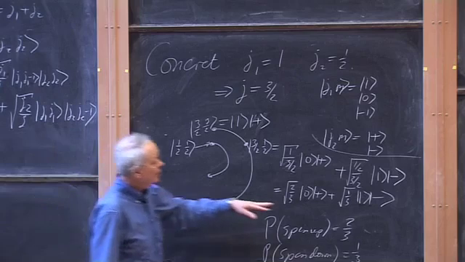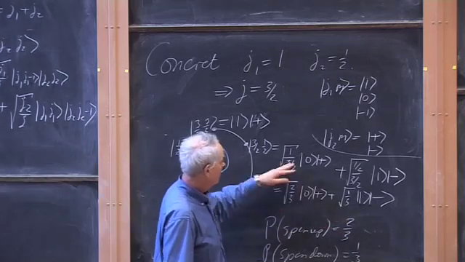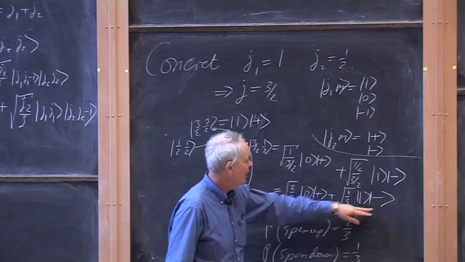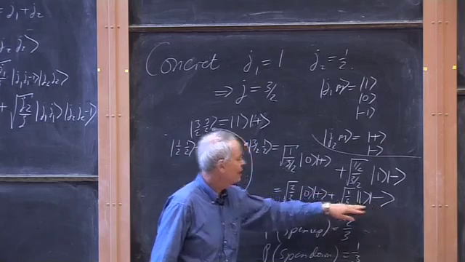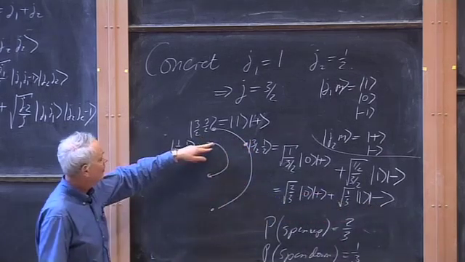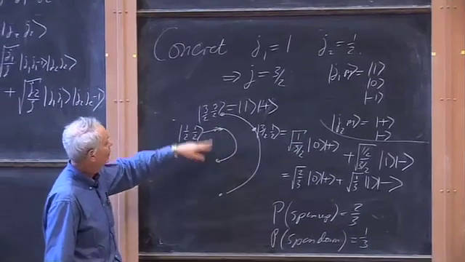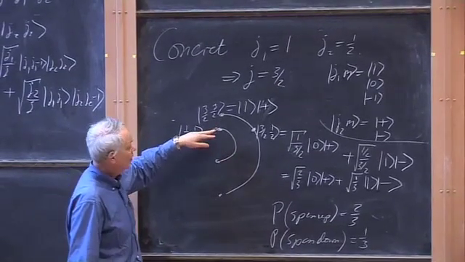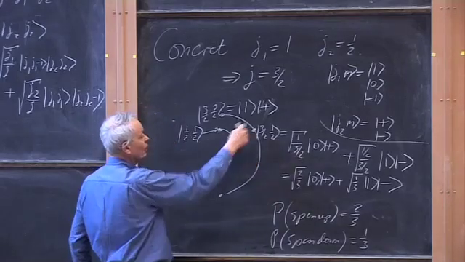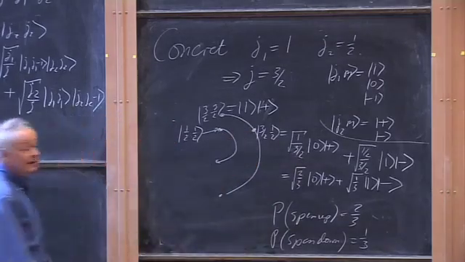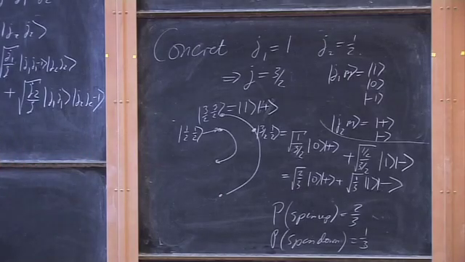It's going to be a linear combination of these two things, and it's going to be the linear combination which is orthogonal to these two things because it's an eigenket of the total angular momentum squared operator for the box, which has eigenvalue different from this. So it must be orthogonal to this by the orthogonality of the eigenkets of Hermitian operators.